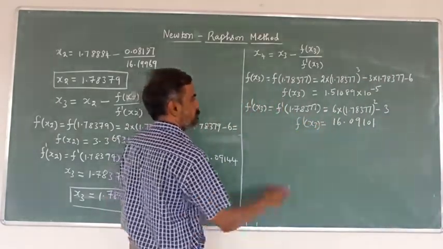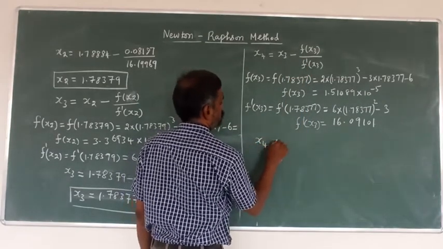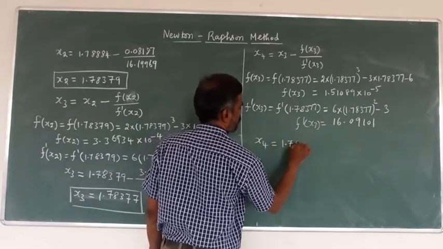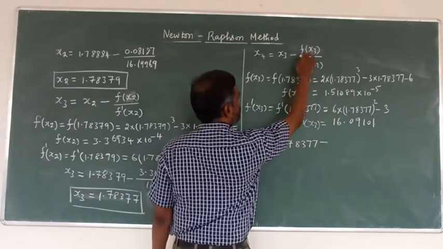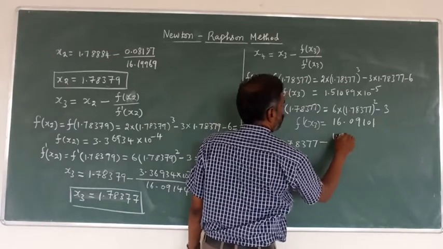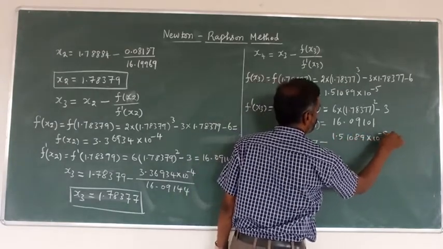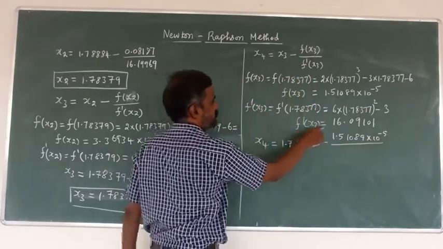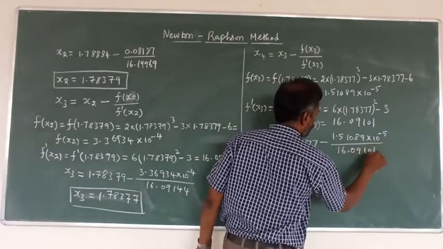Now to substitute these two values here, x4 equals x3 value 1.78377 minus f of x3 value 1.51089 into 10 to the power of minus 5 divided by f dash of x3 value 16.09101.